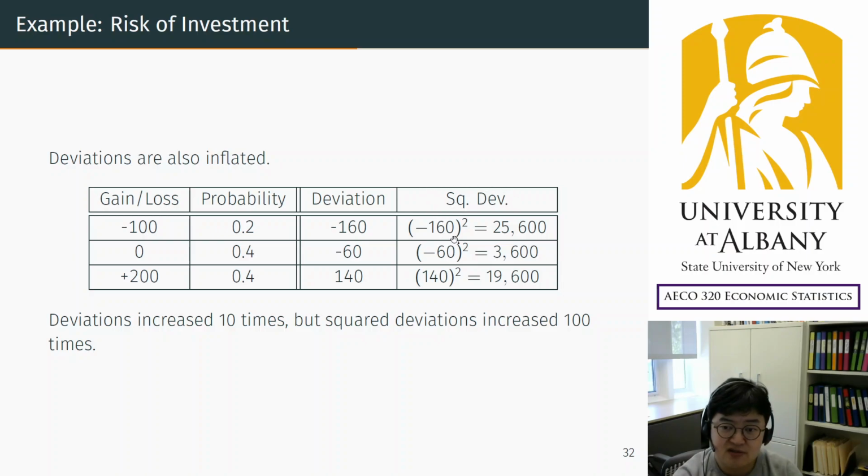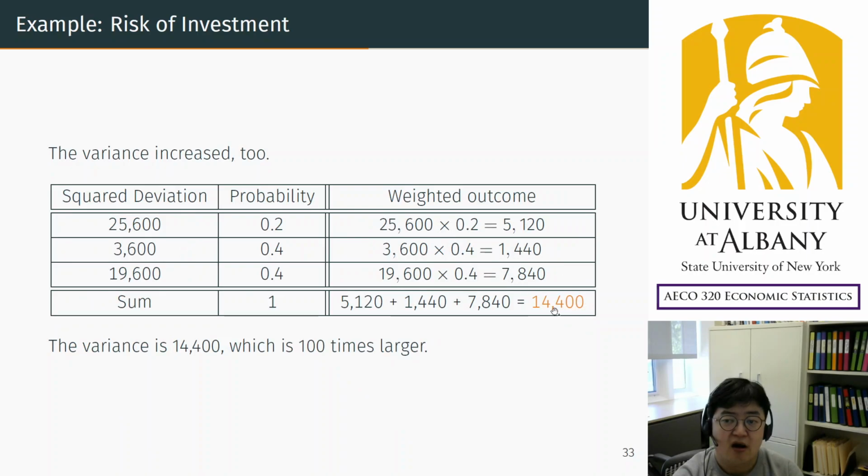So as a result, take the squared deviations and the probability and calculate the mean of the squared deviations. Then you get 14,400 as the variance, which is 100 times larger. The original variance was 144, but now it is 14,400. So 100 times larger.